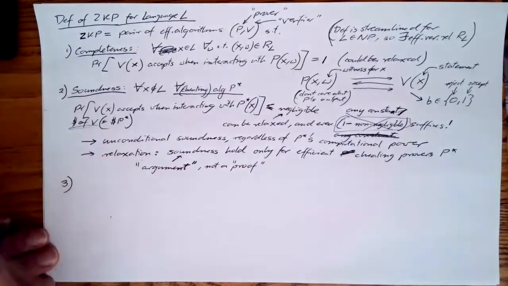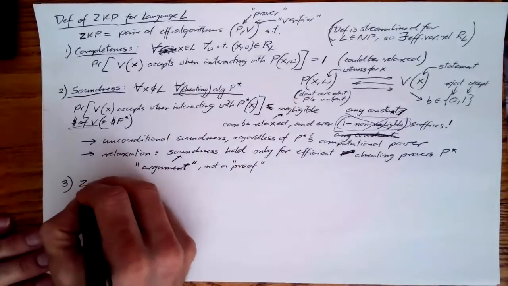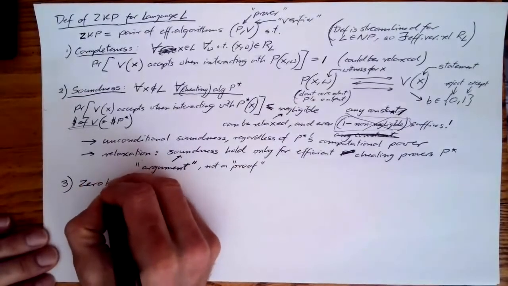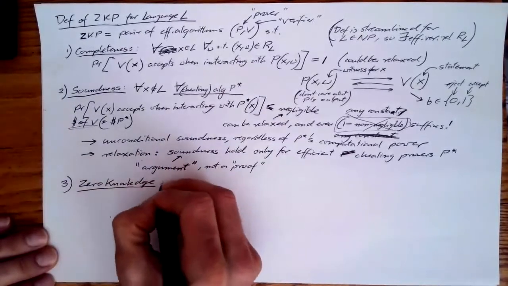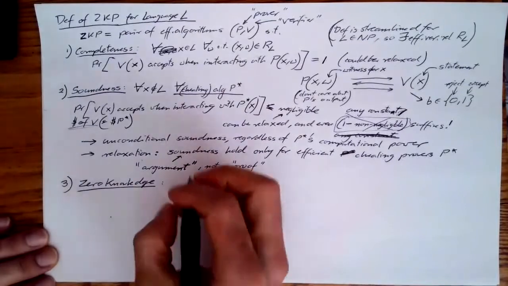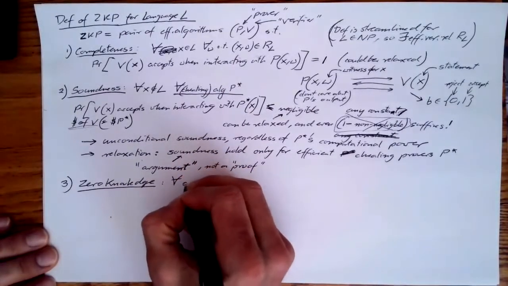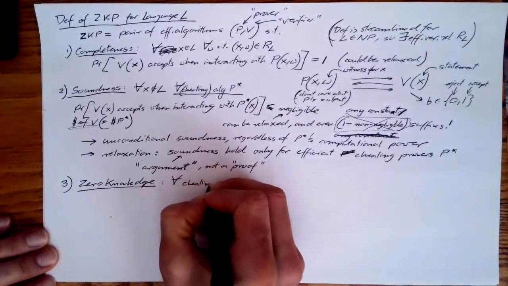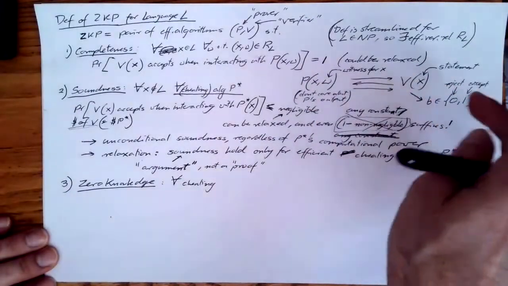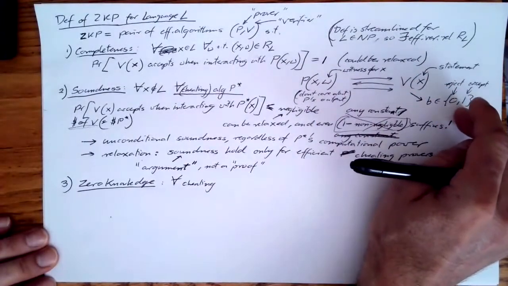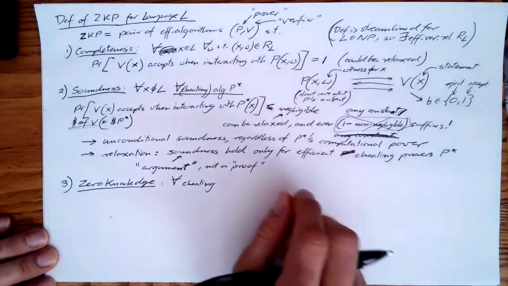Okay, so now what is zero knowledge? Of course, that's the property we're all waiting for. And this property says this: for every cheating prover, so far, the fact that it has to terminate with the correct decision for the verifier if the inputs are correct, well, that's obvious.